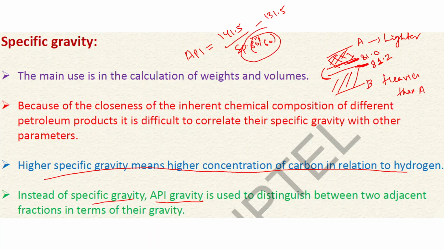As the specific gravity value is in the denominator of this formula, the API value gets magnified compared to specific gravity. As we can see here, there is not much difference, but if we put these two values in the API gravity formula, the values of the two API gravities will be quite far apart. Thus the API gravity scale is way more magnified in comparison with specific gravity, and distinguishing between two adjacent fractions becomes easier.